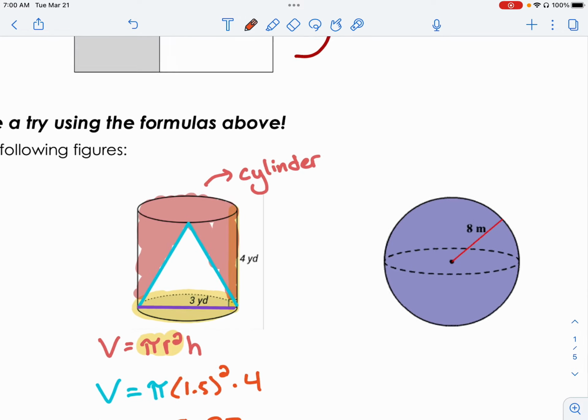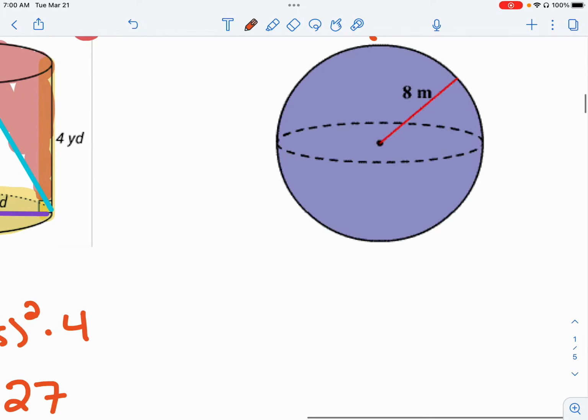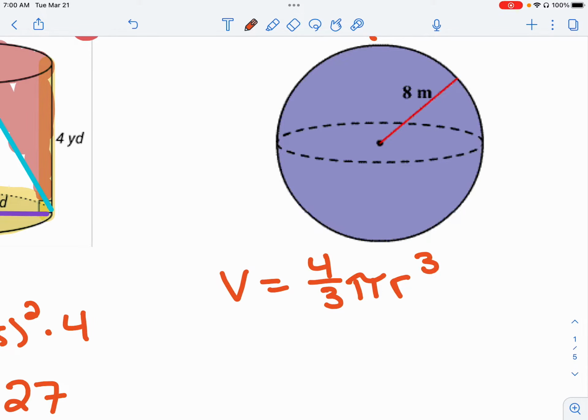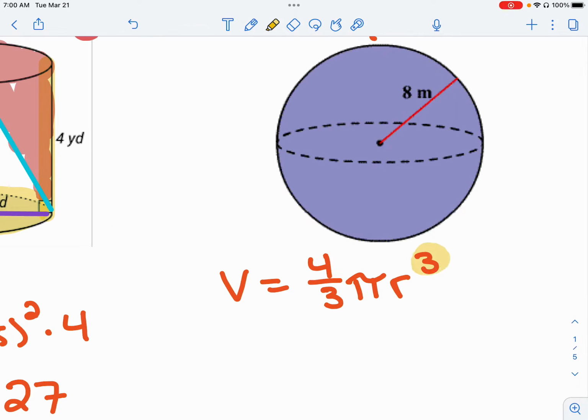And then our last problem, this ball shape here is called a sphere. And we look at our formula sheet. The formula for a sphere is 4/3 pi r cubed. So it's very, very important to pay attention to this cube here. Okay.